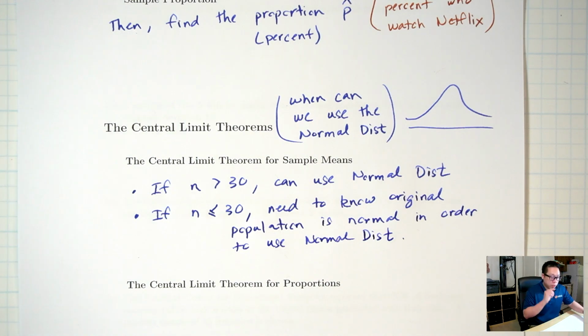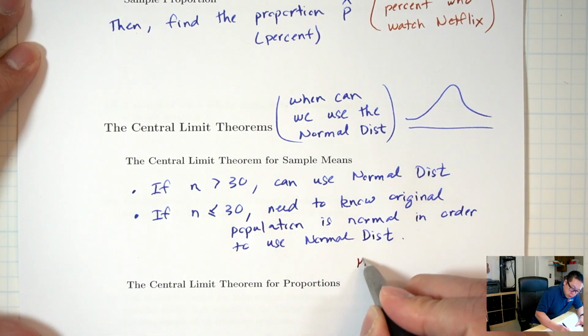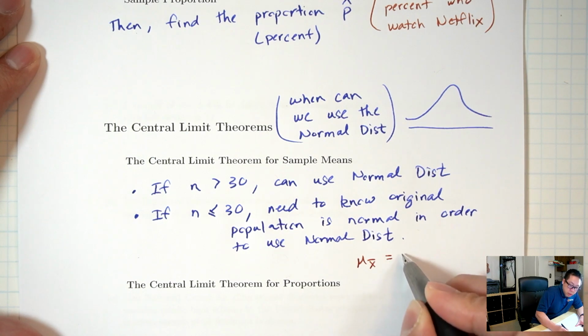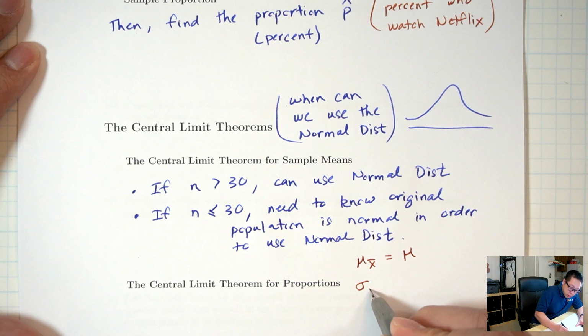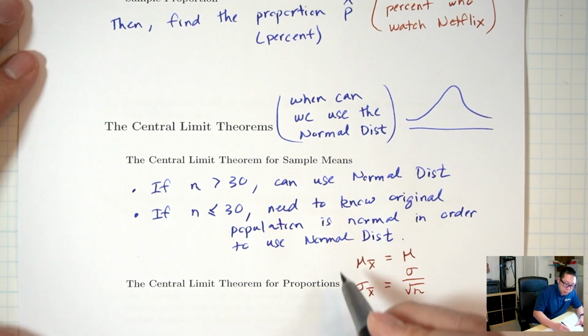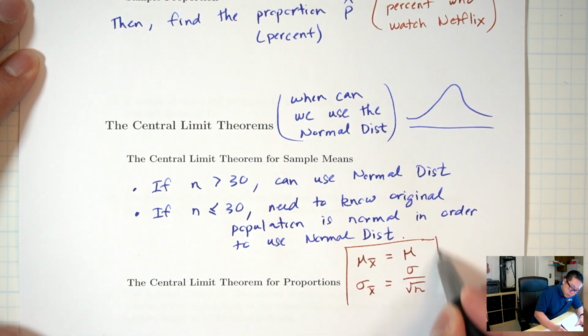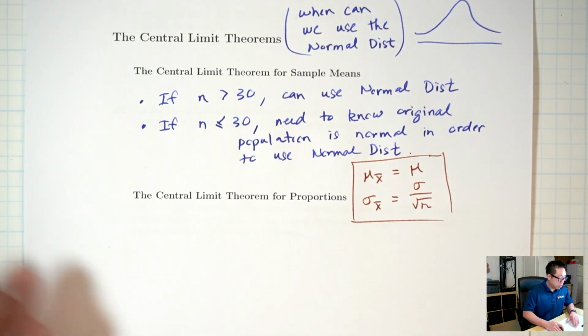And then moreover, the central limit theorem tells us what we should use for the mean and what we should use for the standard deviation. So for the mean situation, the mean we should use is the original mean of the population. The standard deviation we should use is the original standard deviation of the population divided by the square root of n. And this is what we used in the last lecture.